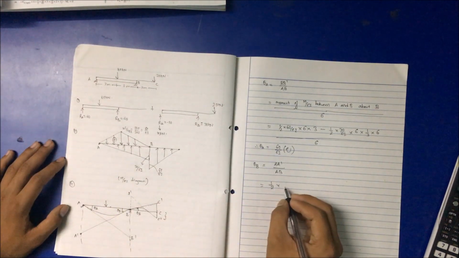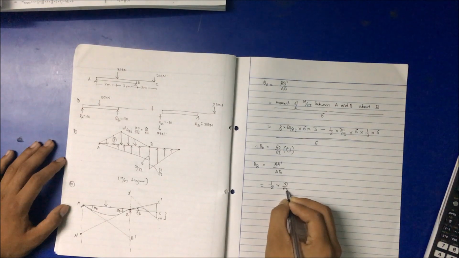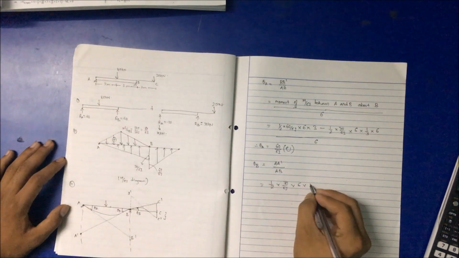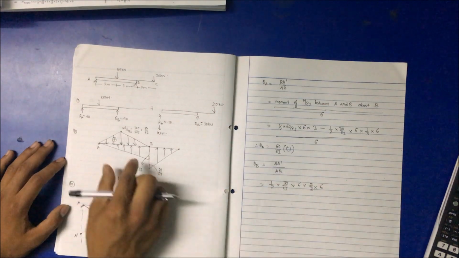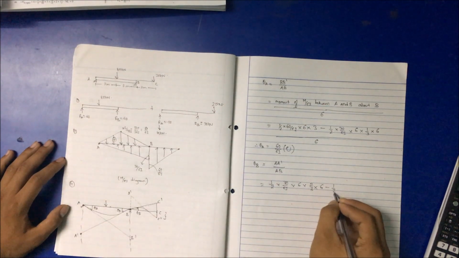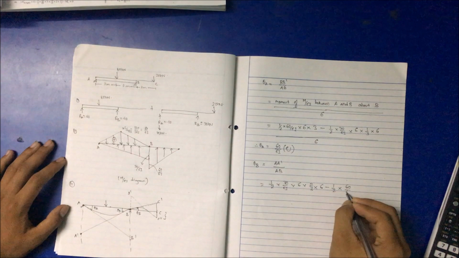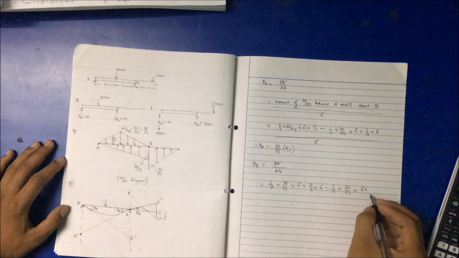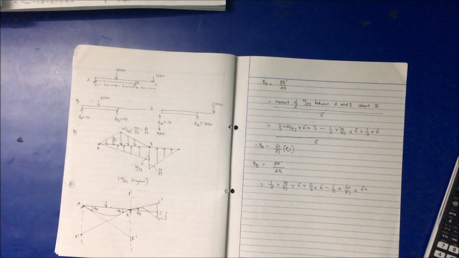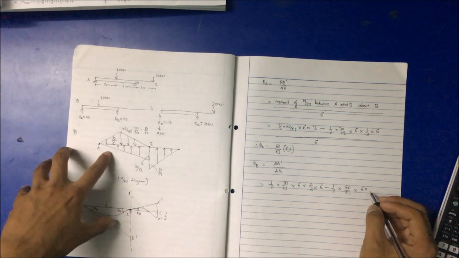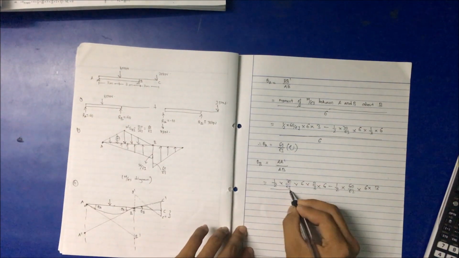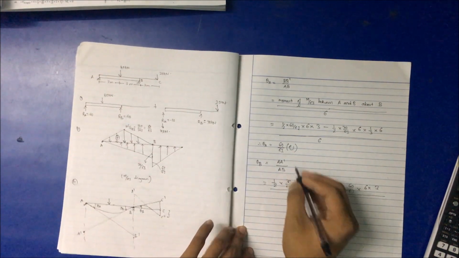So 1 by 2, 30 by EI multiplied by the span, that is 6 meter, towards the apex, so 2 by 3rd of the span length, minus 1 by 2, 60 by EI multiplied by 6 multiplied by the point of action, that is 6 by 2, that is 3 meter, and the span is 6 meter again.